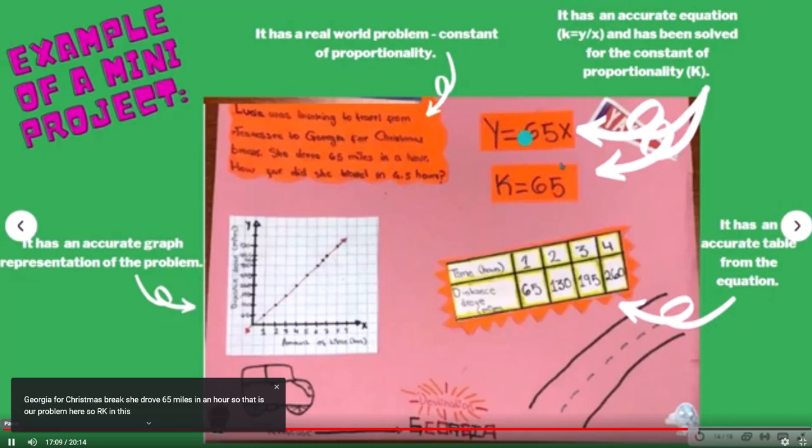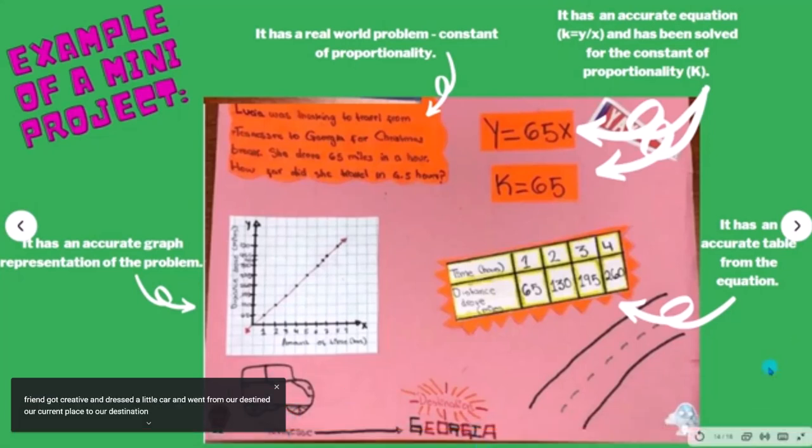Our K in this case is 65 miles in an hour. And the question is asking, how far did she travel in 6.5 hours? So from this equation, we went to a table and then we graphed it. And then our friend got creative and drew us a little car and went from our current place to our destination. So that's kind of fun.